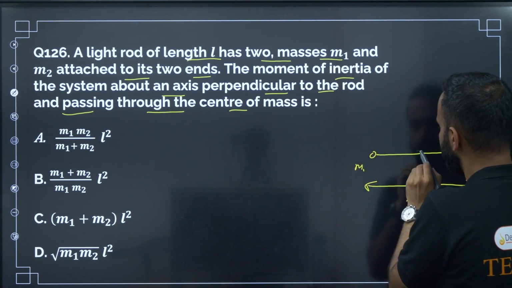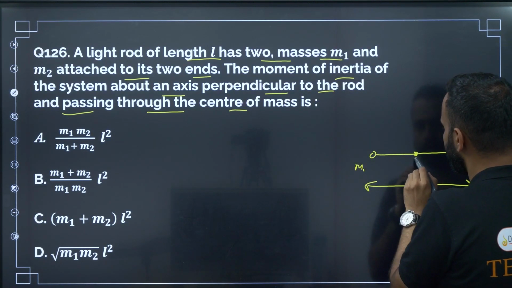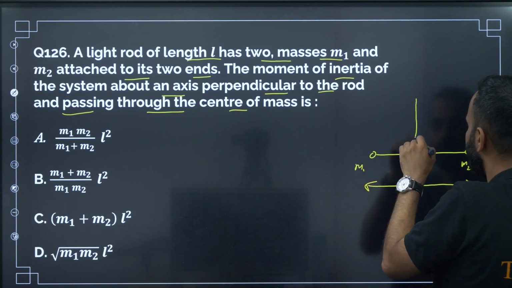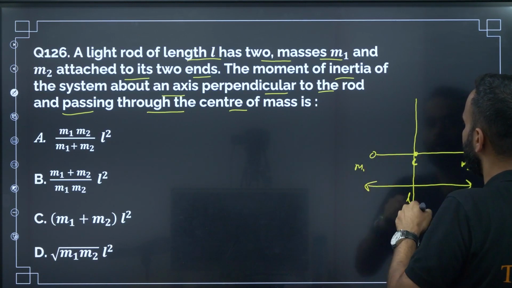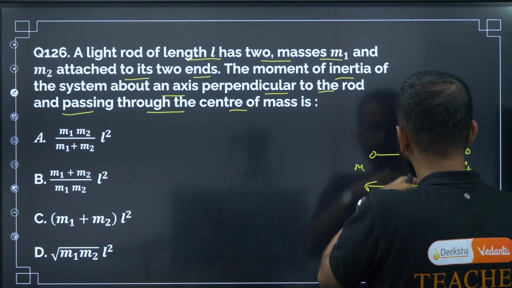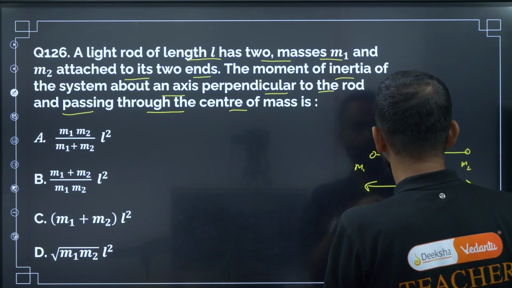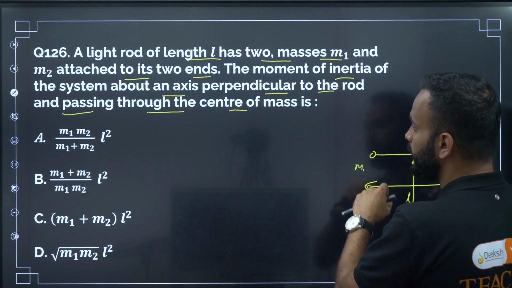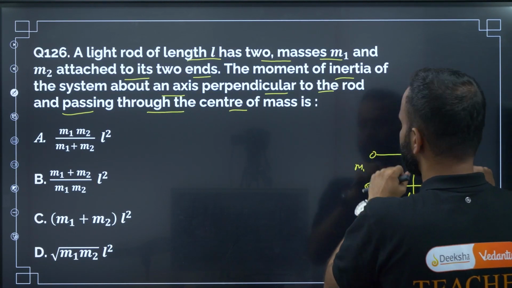Let's say this is the center of mass. Here we need to find the moment of inertia about the axis passing through the center of mass of this system.